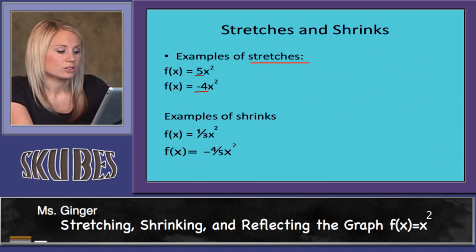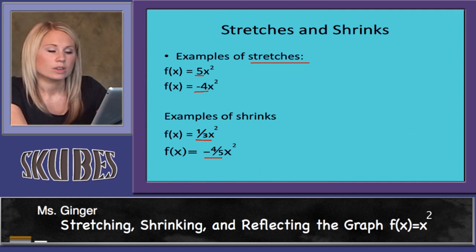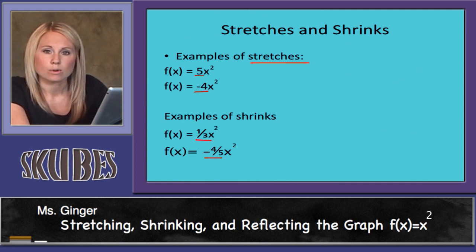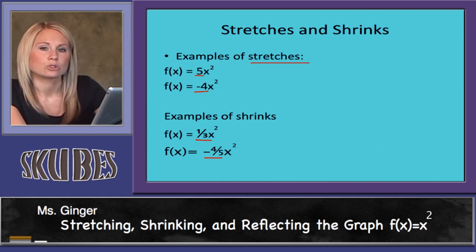And for the shrinks, you'll be on the lookout for the fractions, like 1/3 or a negative fraction even. It doesn't matter if it's positive or negative. If it's a whole number, the absolute value is greater than 1, it'll still cause a stretch, and if it's a fraction, it'll still cause a shrink.